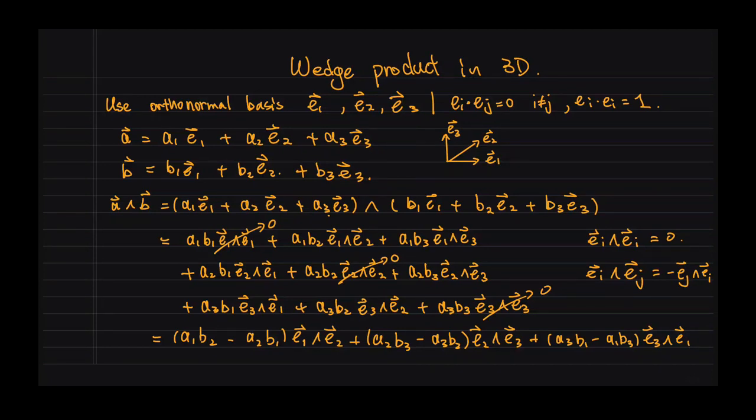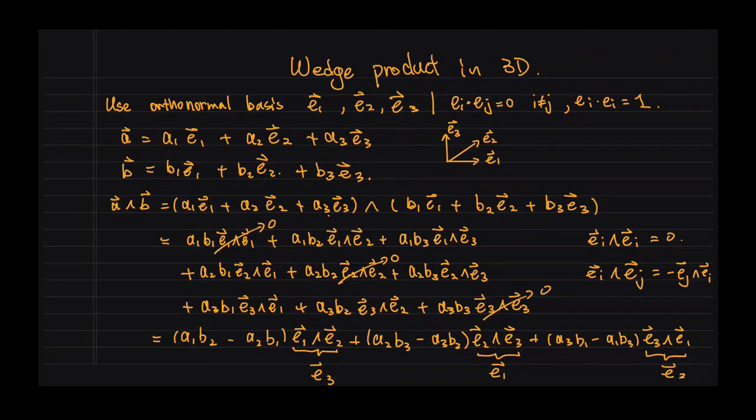For people who are familiar with the cross product, you may realize that you get basically the same formula as A cross B, vector A cross vector B, except this one will become vector 3, this one will become vector 1, and this one will become vector 2.